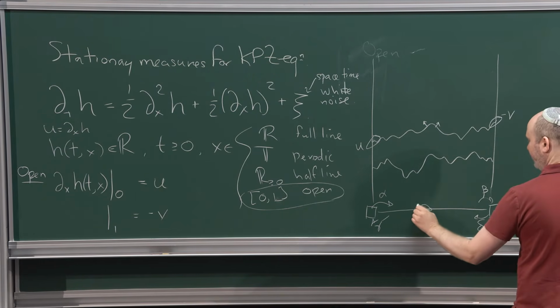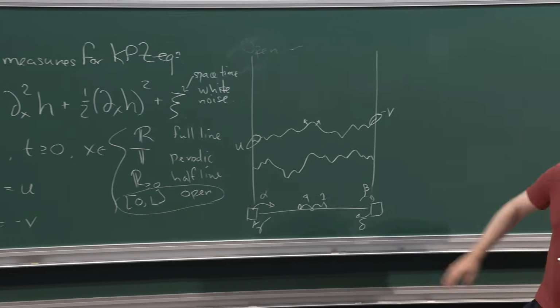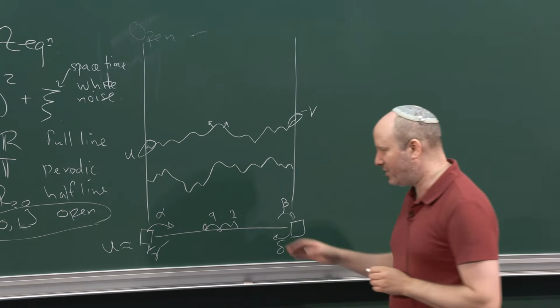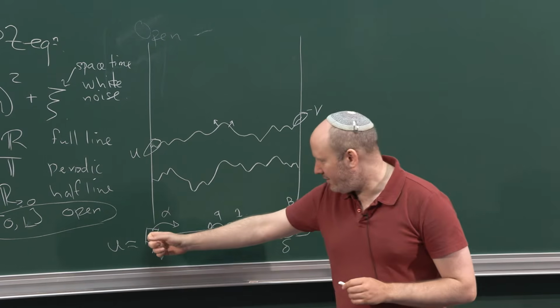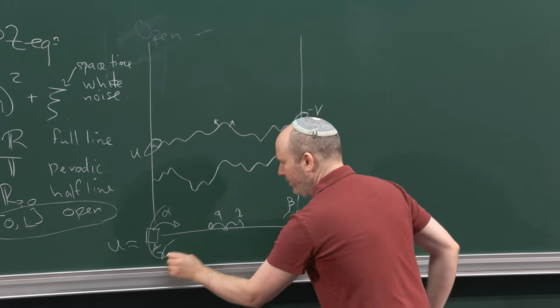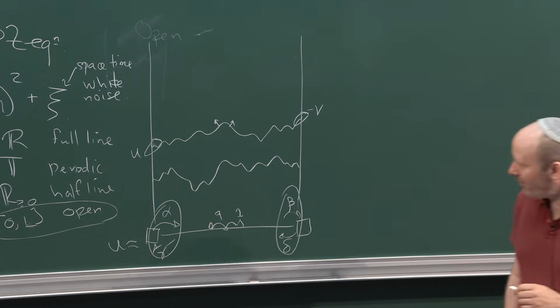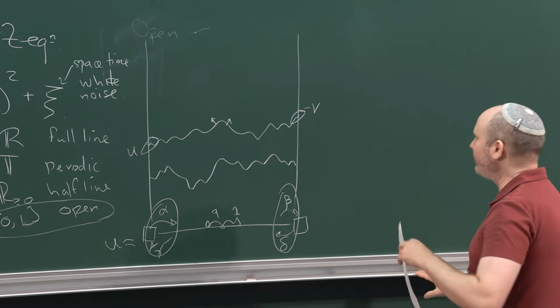And then jumps occur inside with certain rates. So the derivative is a similar object to this open ASEP, if you've ever encountered it. And the values of U and V have to do with the values of these boundary rates. Okay, so let me state a result. Let me first state a definition.